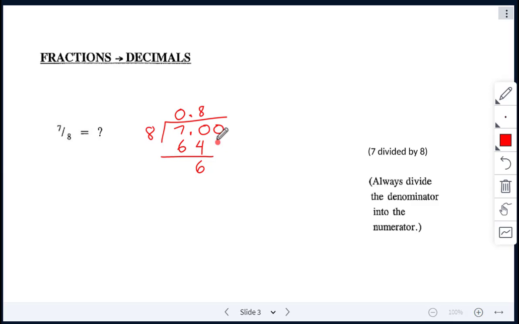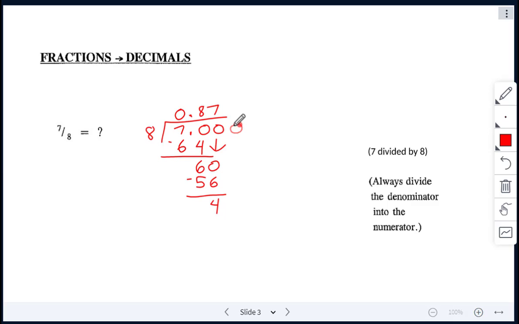We'll add another 0, bring that down. Now we have 60. How many times can 8 go into 60? 7 times. 8 times 7 is 56. Then we'll subtract. 60 minus 56, that gives me 4.